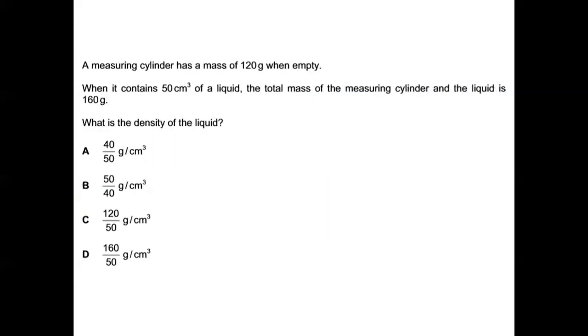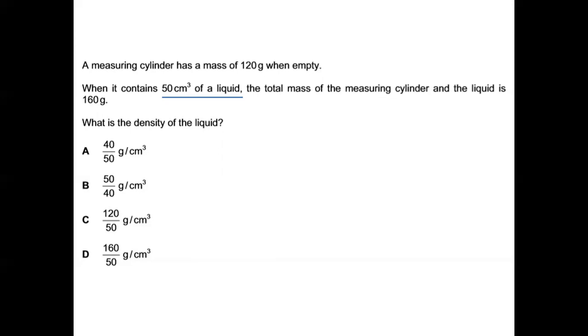Next, a measuring cylinder has a mass of 120 grams when empty. When it contains 50 cubic centimeters of a liquid, the total mass of the measuring cylinder and the liquid is 160 grams. What is the density of the liquid? So to solve for density, we need the mass and the volume. The volume is given here, 50 cubic centimeters of a liquid.